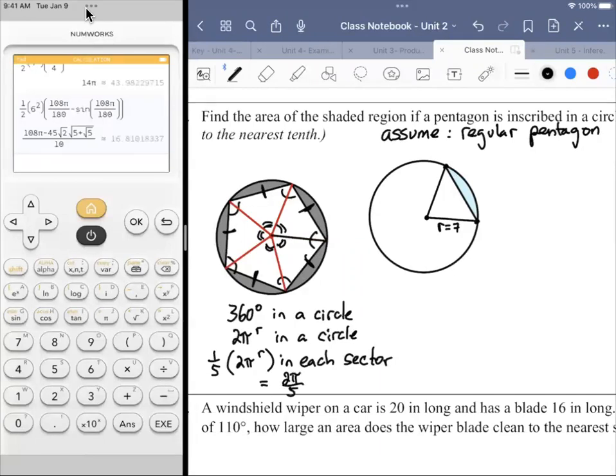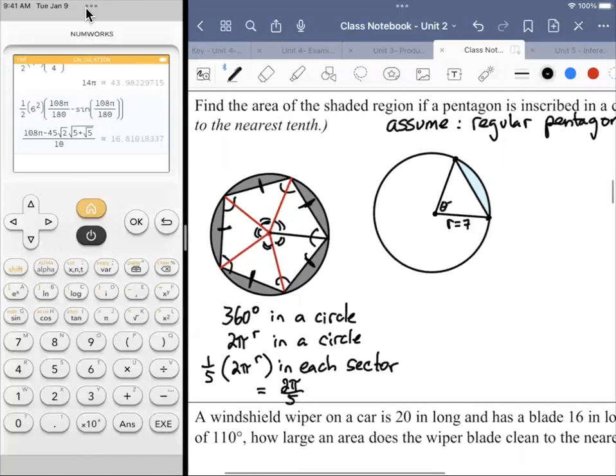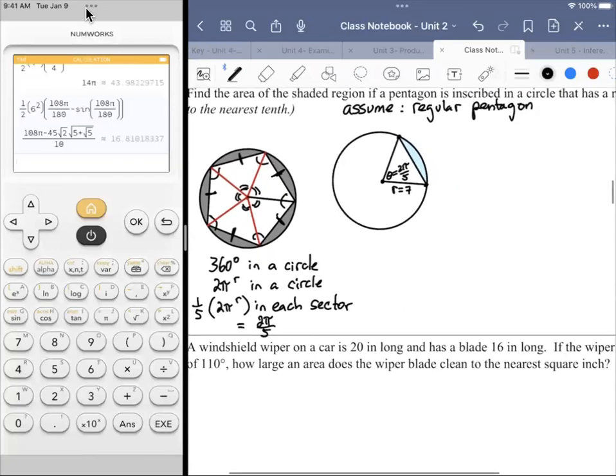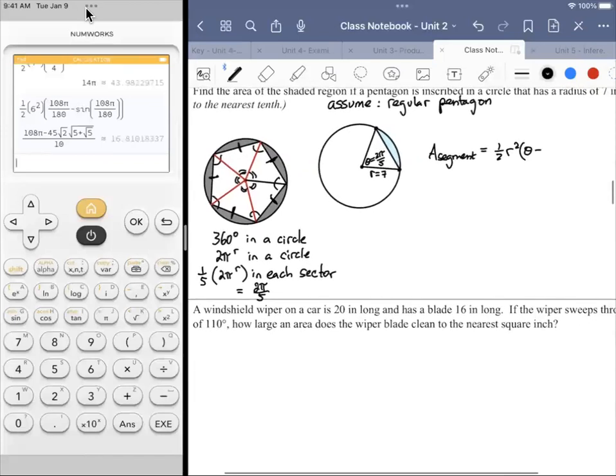That's probably a long, wordy way of saying just take 360 and divide it by the number of sides in the polygon. But again, I like to give the explanation. So this angle here, theta, is 2 pi over 5. And again, the area of a segment is 1/2 r squared times theta minus the sine of theta. We know the r, we know the theta, we could just pop it right in.